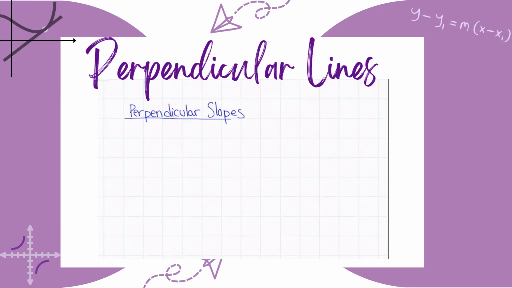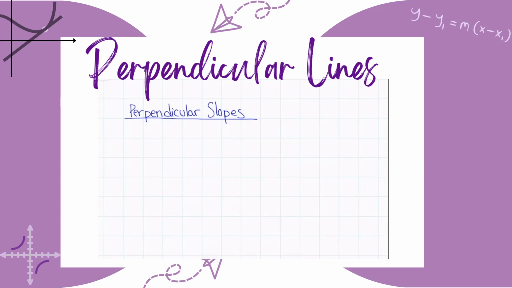So what do you think perpendicular slopes are? Kind of like perpendicular lines. Yeah, but how do we know if the slopes are perpendicular? If they intersect.